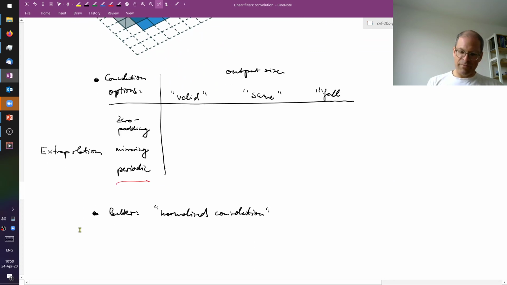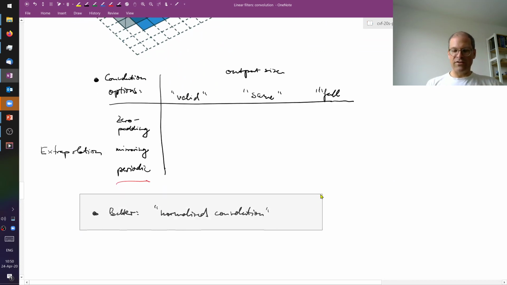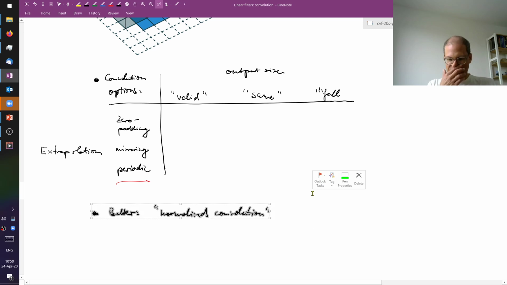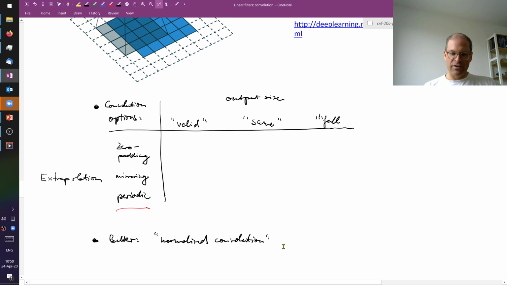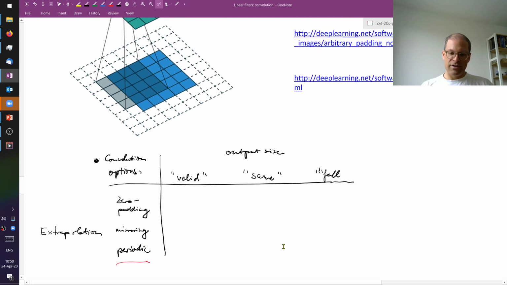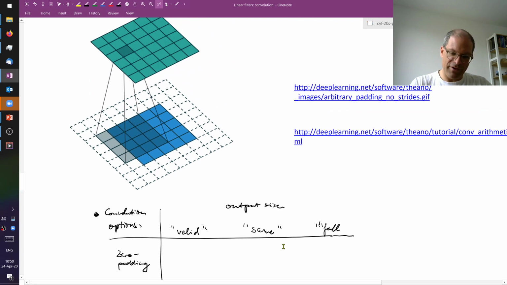Good. I'm not going into details here, but I want to mention that there is normalized convolution, which means, for example, for a weight mask in this example here, you would ignore the coefficients out there, and you would recompute the weights for the remaining coefficients.